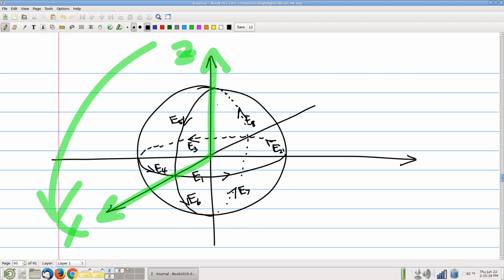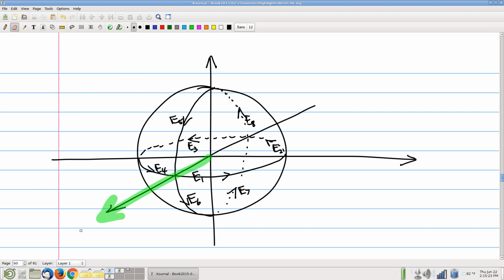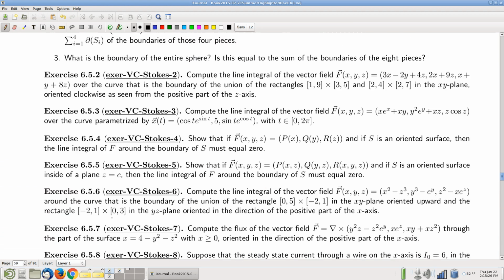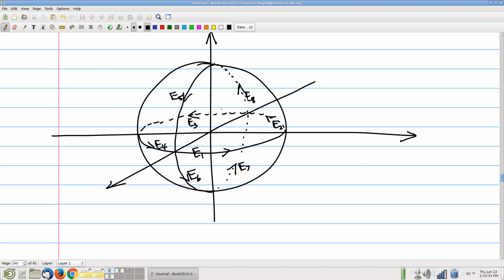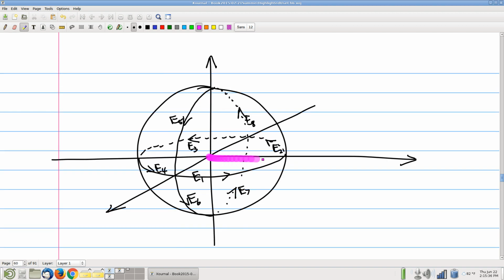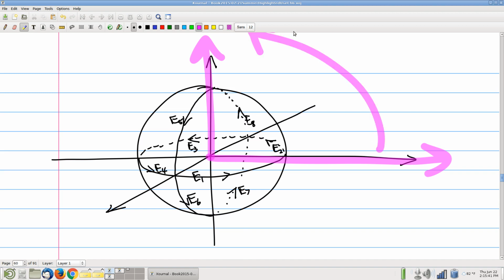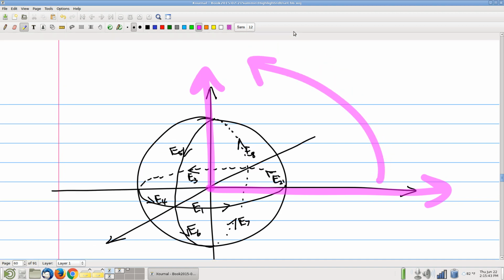Okay, and now, whew, man, it's getting ugly, isn't it? All right, let's see here. Next, 9, 10, 11, 12 in the YZ plane. In the YZ plane, our four edges are, whoa, that was the worst circle I've ever drawn, going around like that.